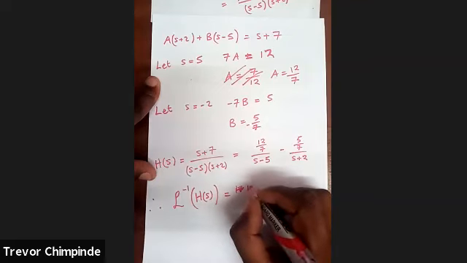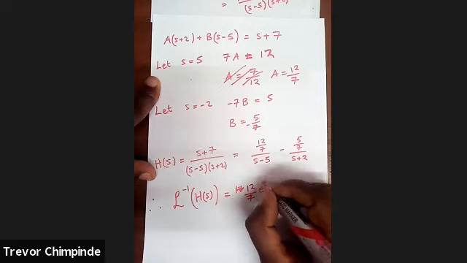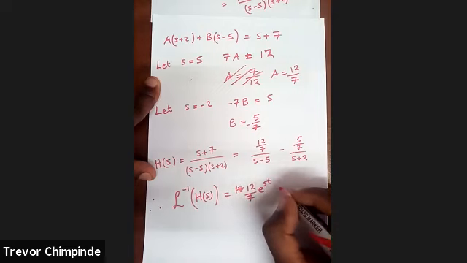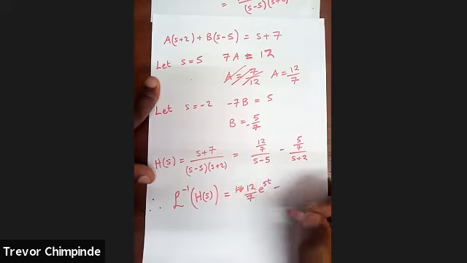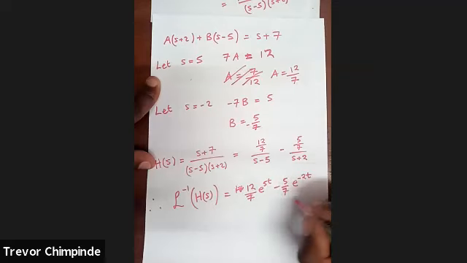Yes, so it's 12/7 e to the power 5t. And the second term? Minus 5/7 e to the power -2t. Yes. And this is our inverse Laplace.